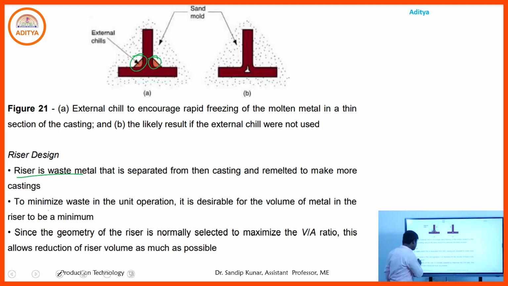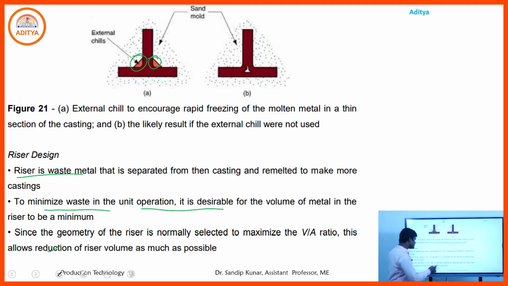To minimize waste in the operation, it is desirable for the volume of metal in the riser to be minimum. So it is required to note that the volume-area ratio of the riser must be minimum, otherwise more material will be wasted.